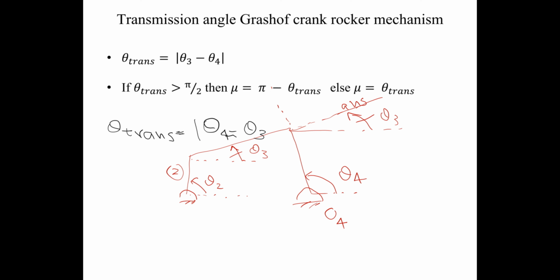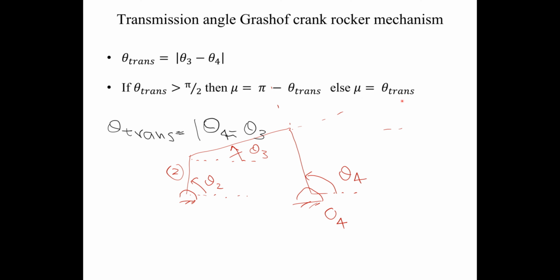So here I have explained. If your theta transmission is greater than 90, you have to take the acute value, so you cannot use it as is. You have to take this value from 180 degrees, and then your theta transmission will be called mu.